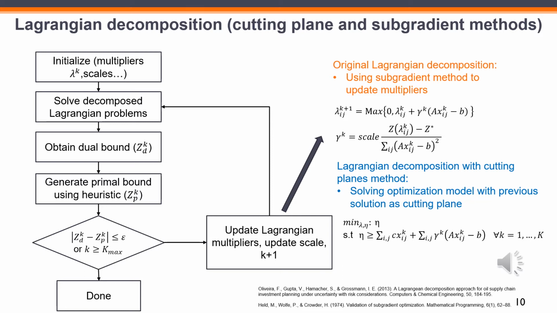Then we terminate if the relative gap is below a certain tolerance or the iterations exceed our maximum iteration number. Then we have two different ways: one using the subgradient method to update the multipliers, and the other using the cutting plane method, which solves the optimization model with previous solutions as cutting planes.